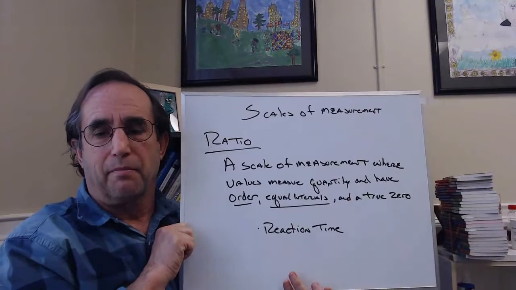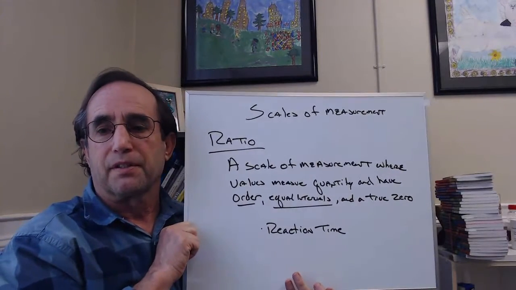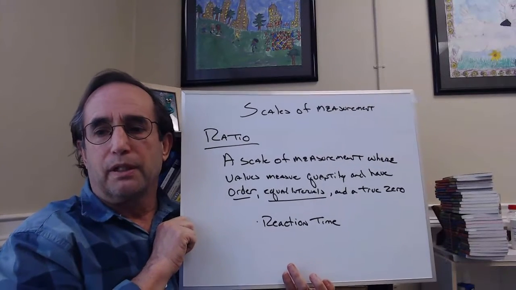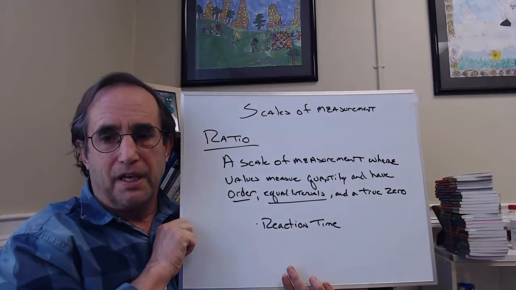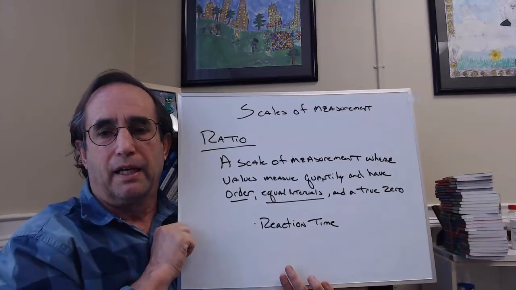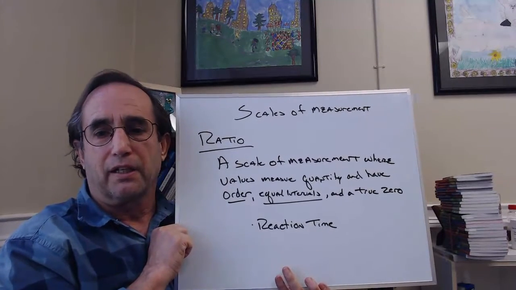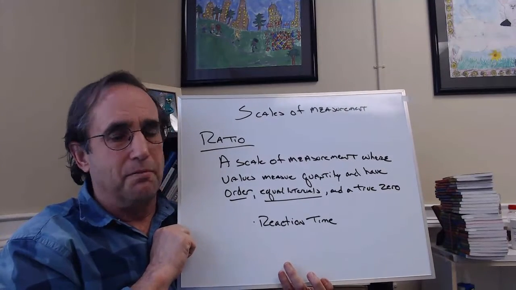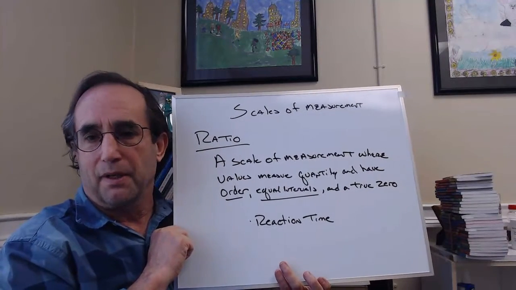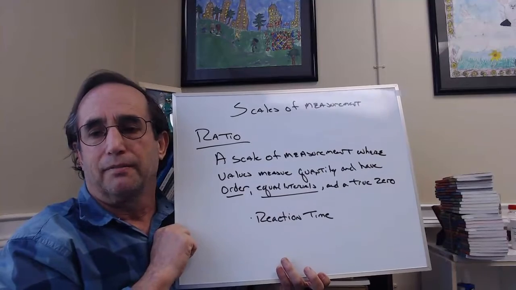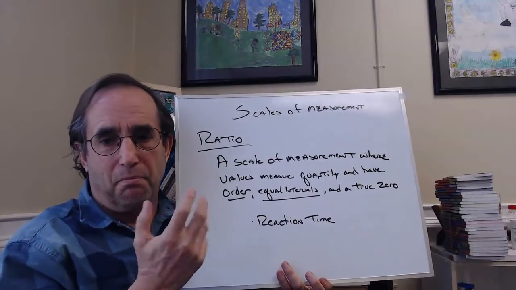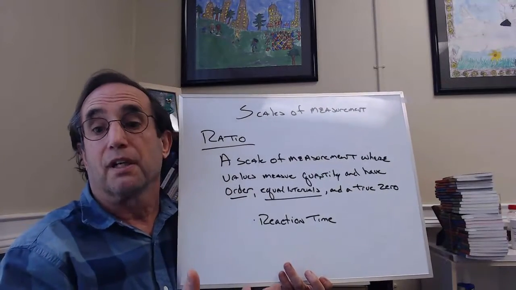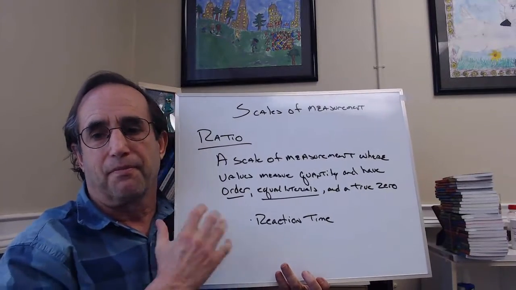Our final scale of measurement is a ratio scale. It's a scale of measurement where values measure quantity and have order, equal intervals, and a true zero. The common example of a ratio scale is reaction time. It could measure how fast you respond to a text message. That's your reaction time. The phone vibrates, and how fast do you go to check your messages?